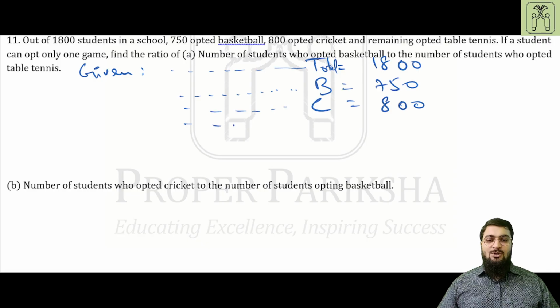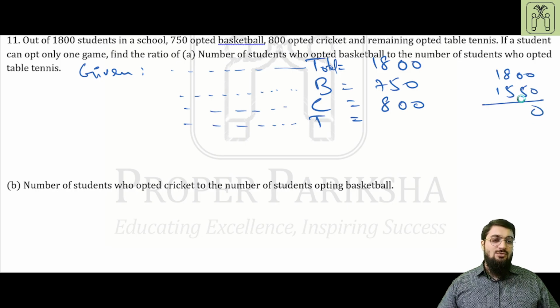Then total number of students opted for tennis is the remaining. So 1800 minus 750 and 800. 750 plus 800 is 1550. So 1800 minus 1550 gives 250. So 250 students opted for tennis.